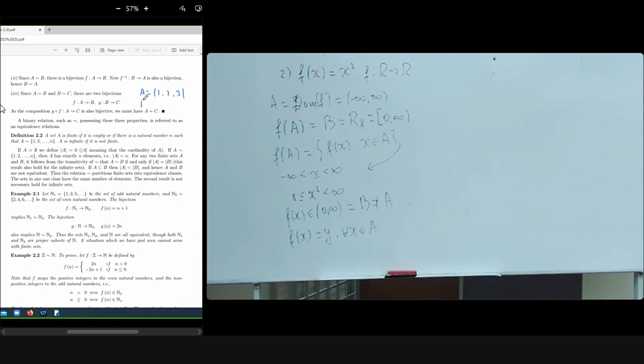Another set B has 5 elements: 1, 1, 2, 2, and 3. But the cardinal number of A is equal to that of B. So the number of elements is actually counted as non-equal elements.